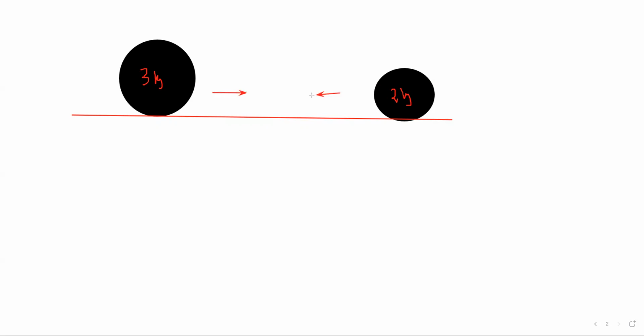For example, say you have two objects of different masses: a 3 kilogram object and a 2 kilogram object, and they're moving in opposite directions.